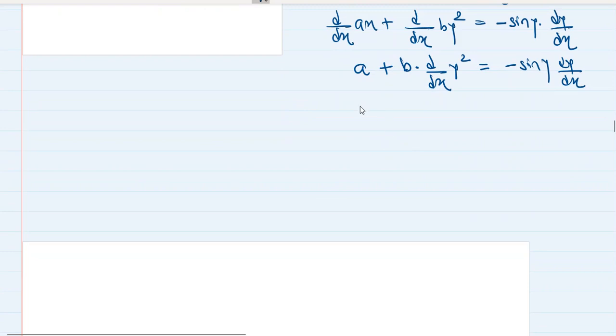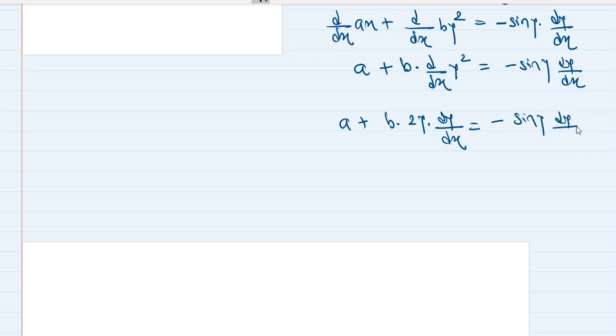So here I'm going to get a plus b multiplied by d by dx of y square. What is the differentiation of y square? 2y. So I'm going to write it as 2y dy by dx is equal to minus sine y dy by dx.